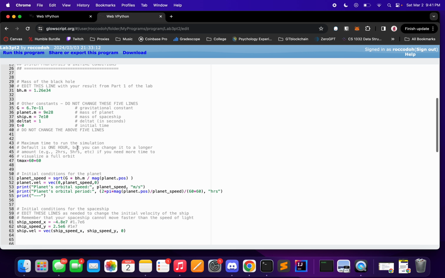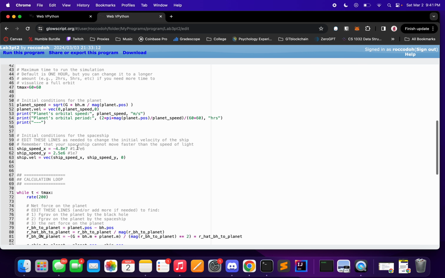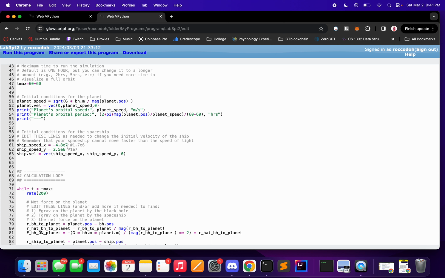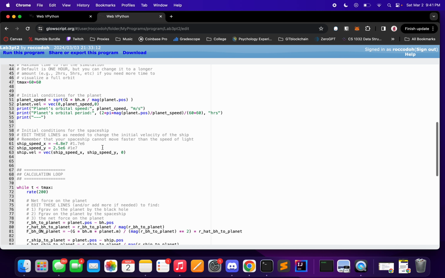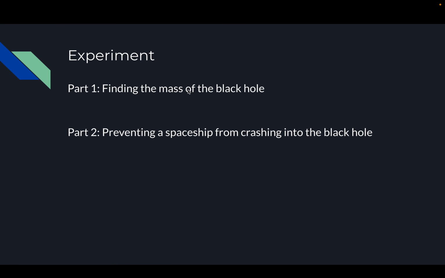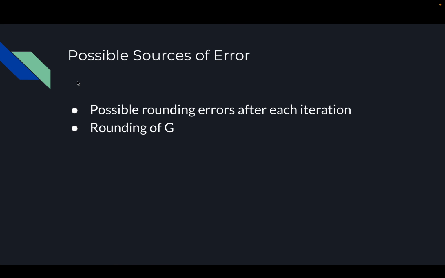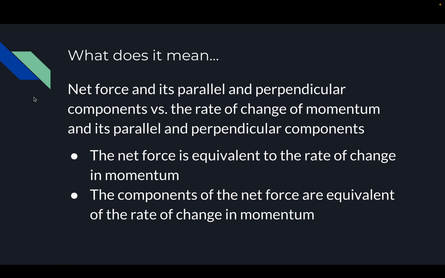And these are initial velocities of negative 4.8 e to the 7 and 2.5 e6. And some possible sources of error could be rounding errors after each iteration, which I just explained, and possibly the simplification of the gravitational constant.